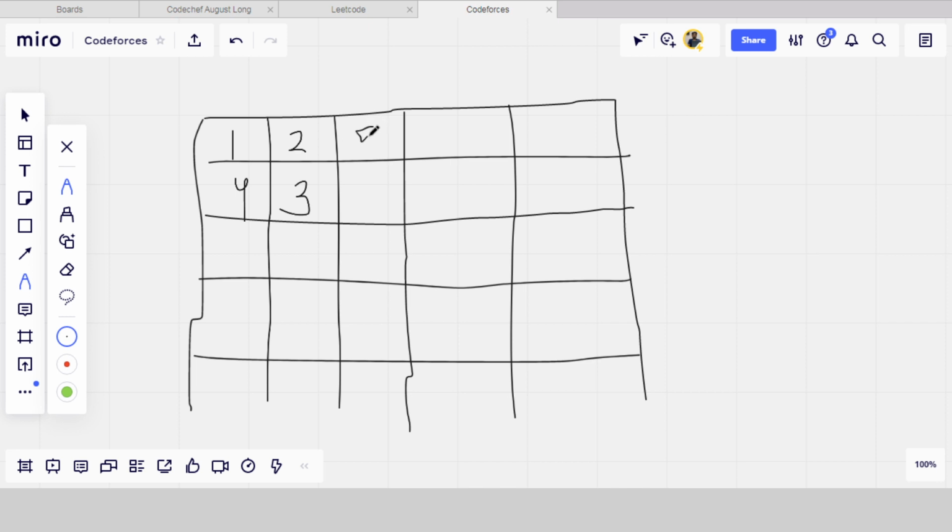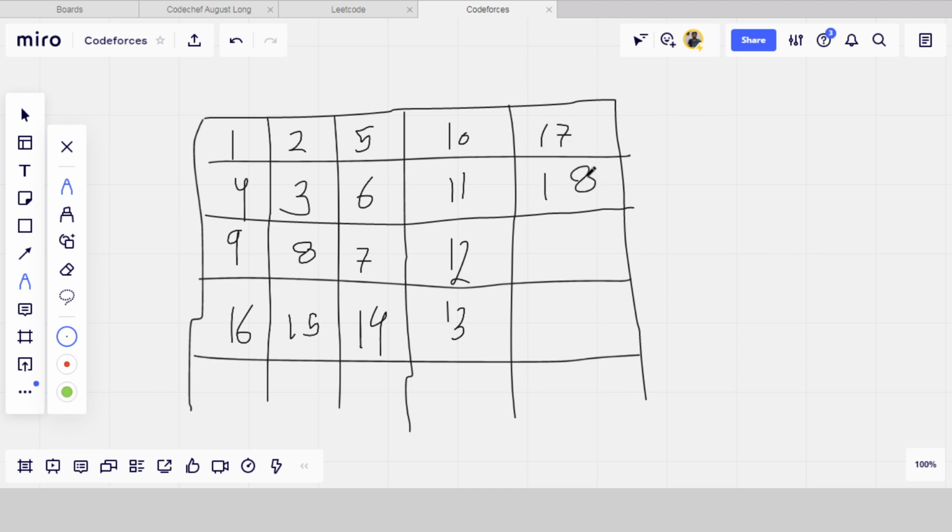Now 5, 6, 7, 8, 9, 10, 11, 12, 13, 14, 15, now it's 16, 17, 18, 19, now 21, 22, 23, 24, and now it is 25.